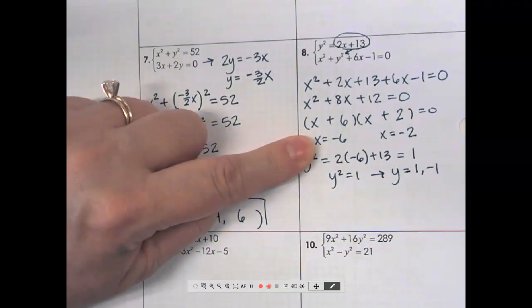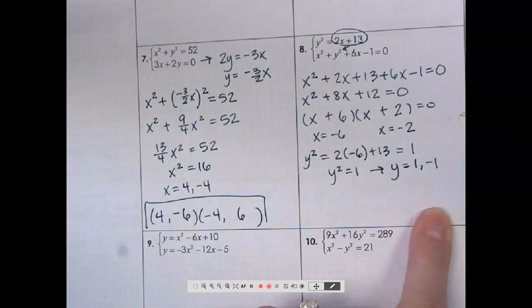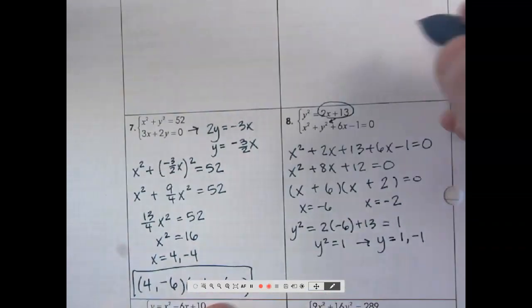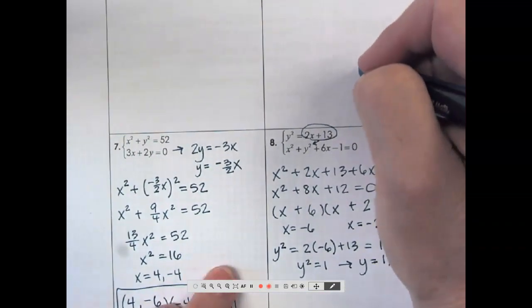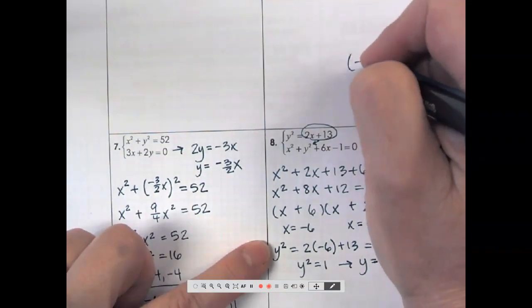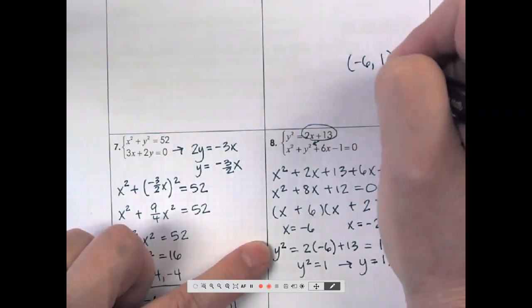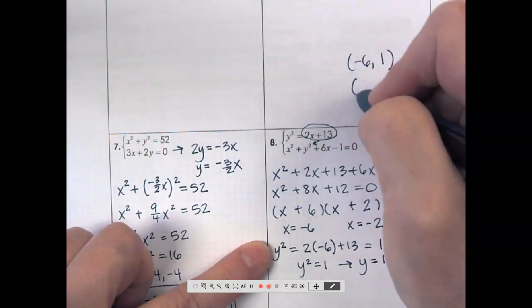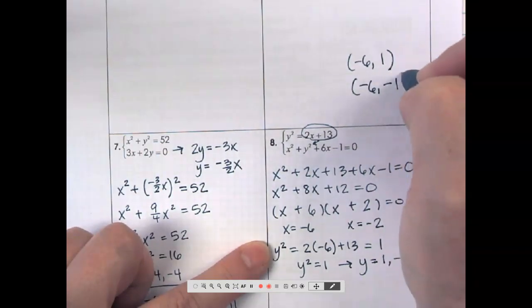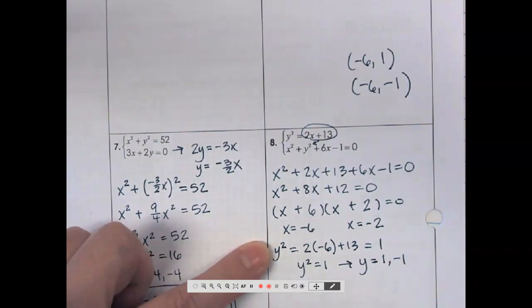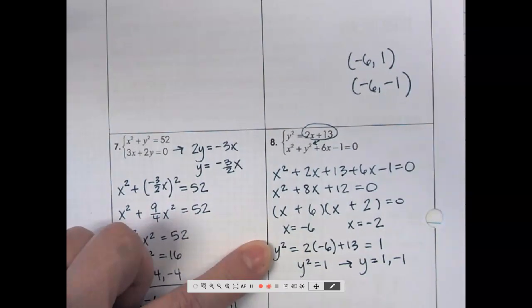I plugged in negative 6, but I got 2 y's. That's 2 ordered pairs. So I'm going to put them up here. When I used x equals negative 6, I got a possible y of 1, but I also got a y of negative 1. So that negative 6 produced 2 different ordered pairs.